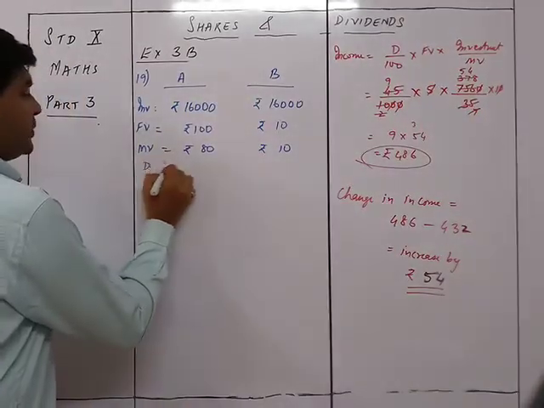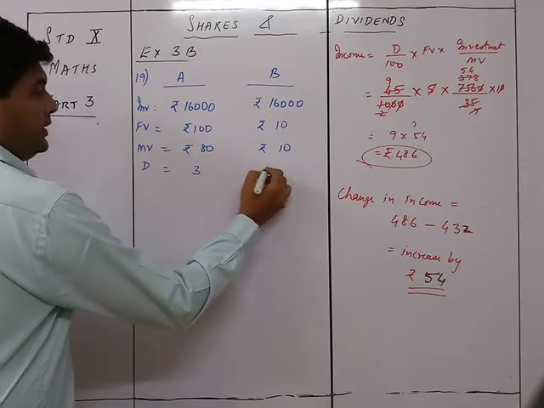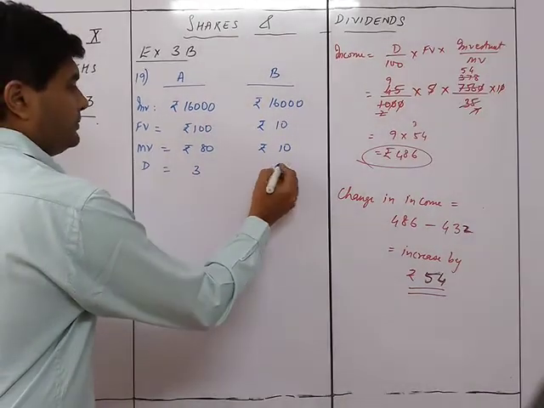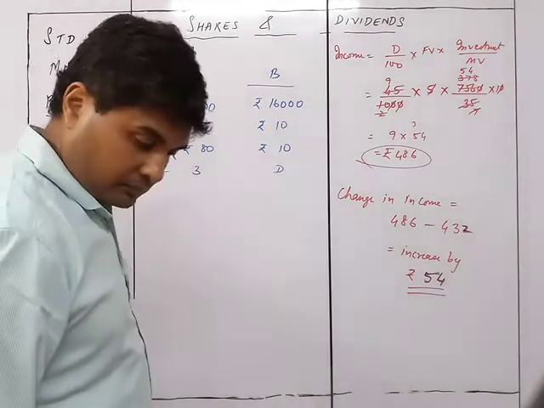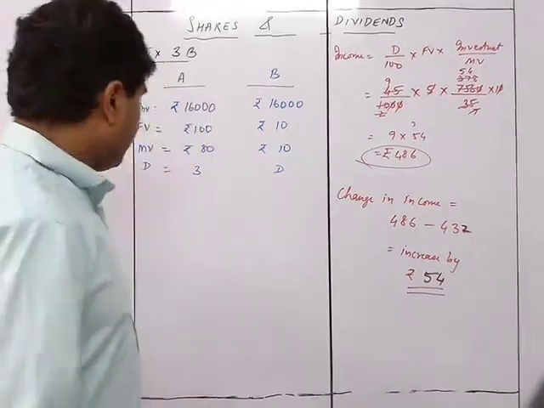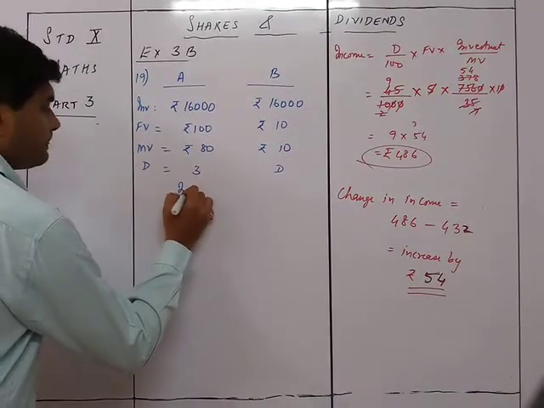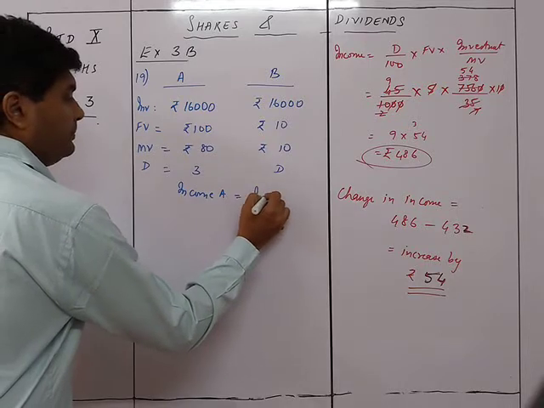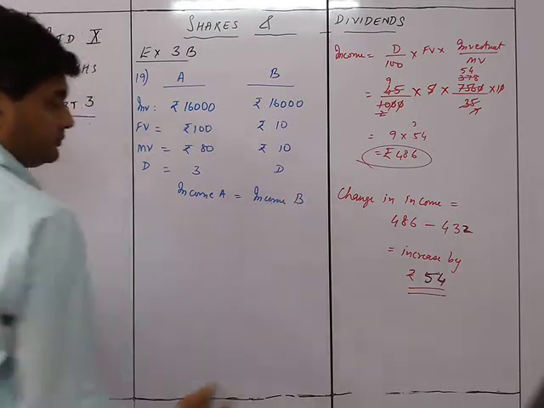The dividend percent over here is 3, here it is X, or we'll take it as D only. This is the condition. They have given you that income of A is equal to income of B.